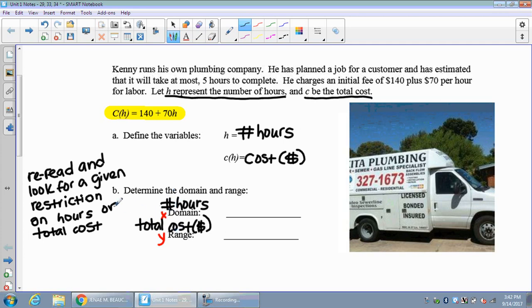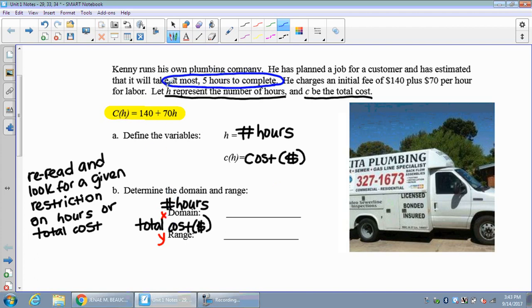So let's reread. And if I read, I see Kenny, he owns this company, he's planned a job. And then I see it says it's estimated that it will take at most 5 hours to complete. So I'm going to circle that. Then I'm going to ask myself, is this a restriction on hours or cost? Well, hours.